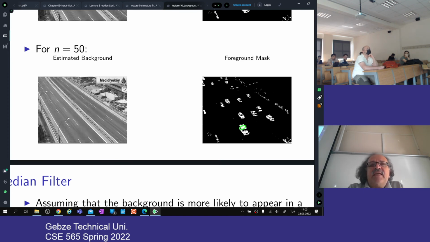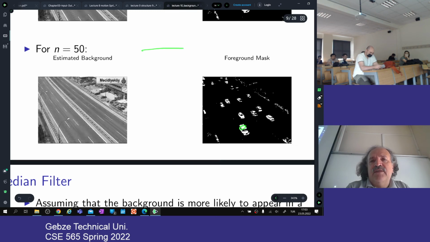The nice thing is that I can do it in a running average way. I take the last 50 frames total, and I calculate my background image, and then what did I do? I subtract my 50-image background from my total, and I do the new one. See, it's a running average.